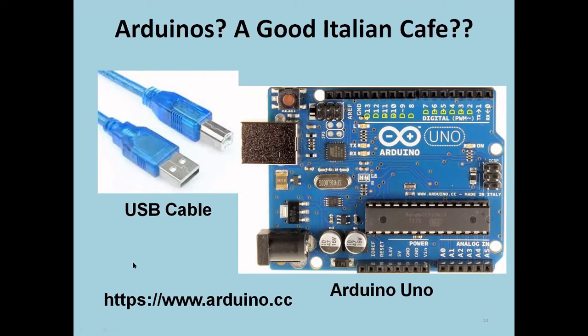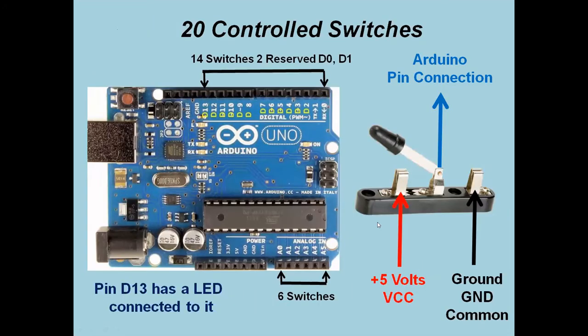And I'm also going to give you another reference in a couple of slides. But the big deal about all this is that you see all these pins up here and down here? It turns out that they can all be used as switches. So this thing has 20 controlled switches.